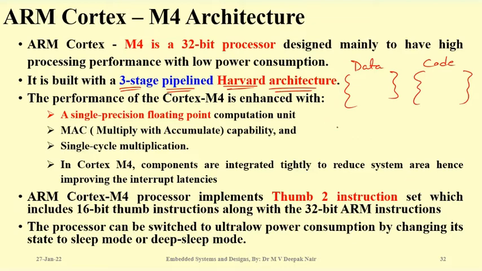Whereas in the von Neumann architecture, both data and code reside in the same memory. If you can recall 8085, we used to keep both the data and the code in the same memory itself. We were not having two separate memories to keep data and code. So this is the Harvard architecture.